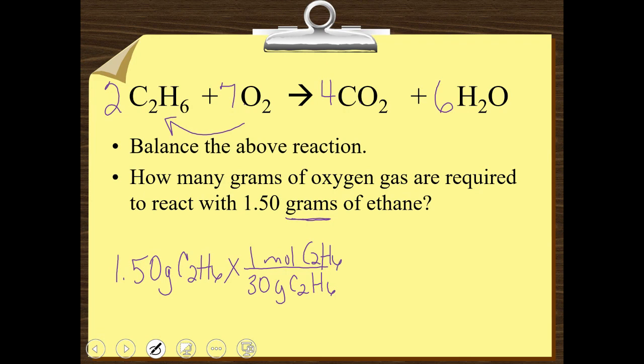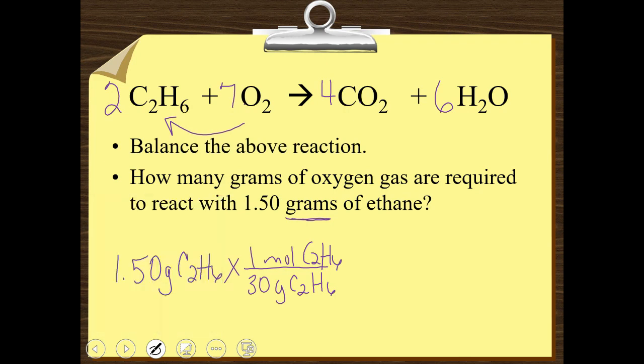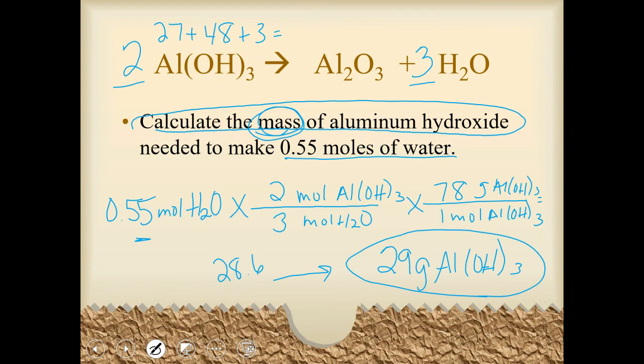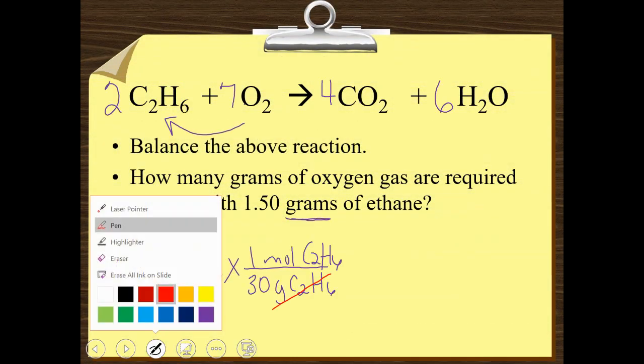Now, we're using the molar mass, and we put the step upside down compared to yesterday, because now we need to get rid of grams and get it into moles. No, I should not have said yesterday. I meant like on the last slide. Sometimes it all runs together. Sorry about that.